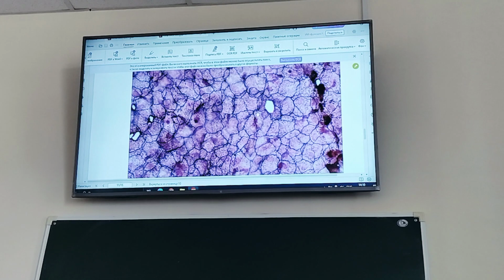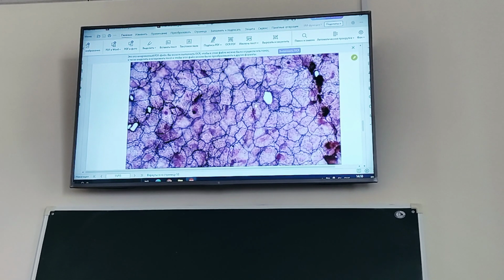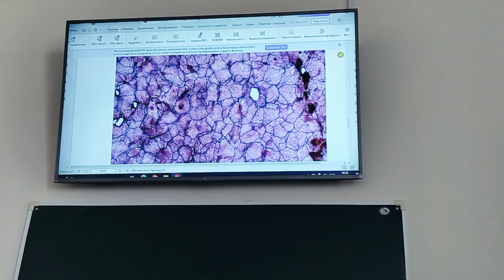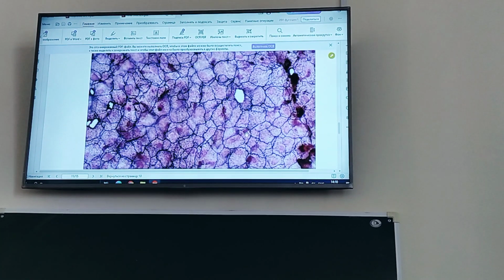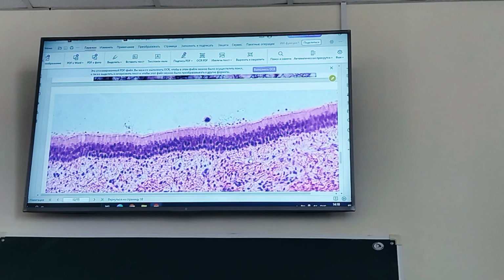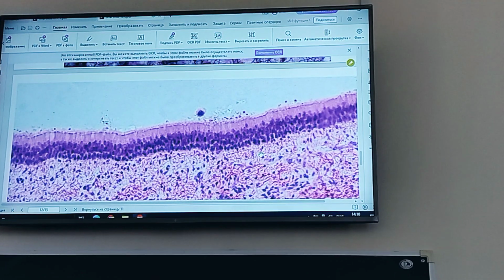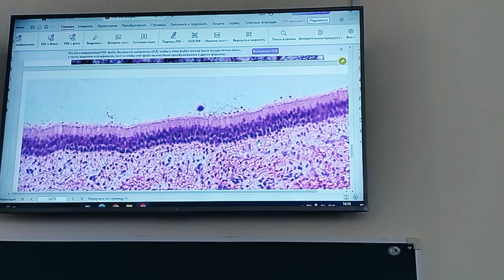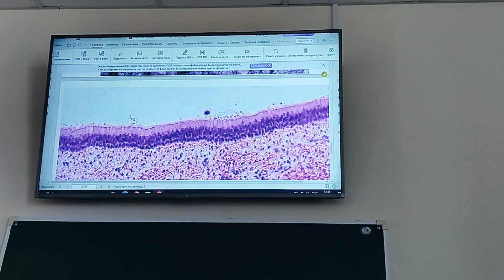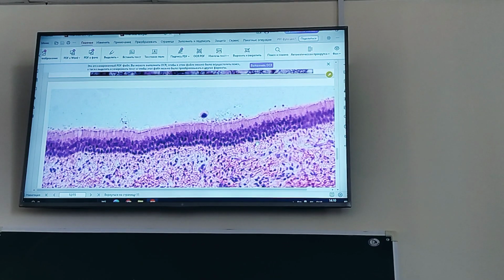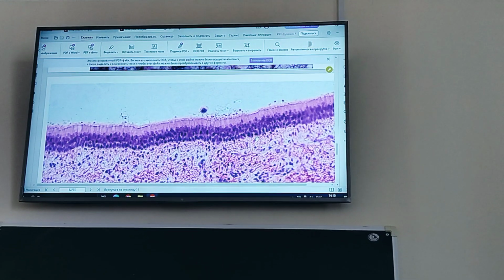The primary property is a continuous layer with no spaces between the cells. This is again respiratory pseudostratified epithelium. I can count 3, sometimes 4 levels of nuclei.